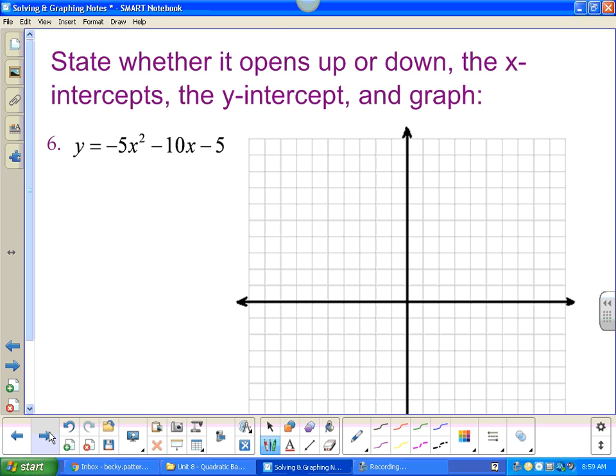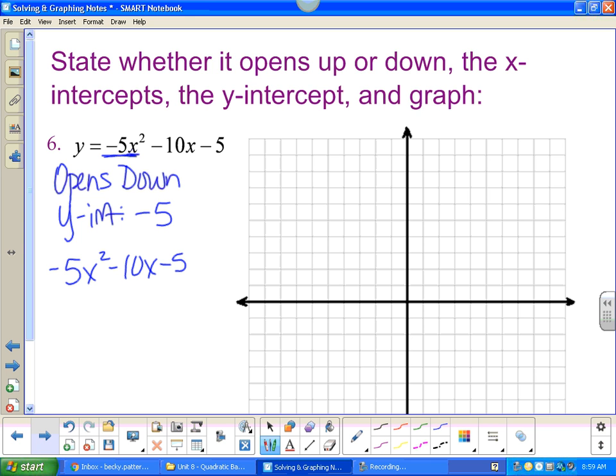Okay, so here we go. I know it's a parabola because it has an x squared. This one opens down, and my y-intercept is a -5. Then I take all this mess, set it equal to 0. Okay, I'm going to GCF a 5, but because the leading one's a negative, I'm going to GCF a -5.